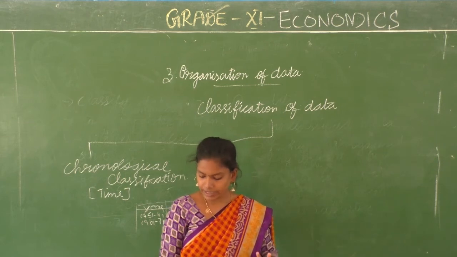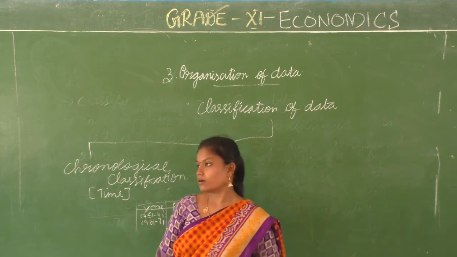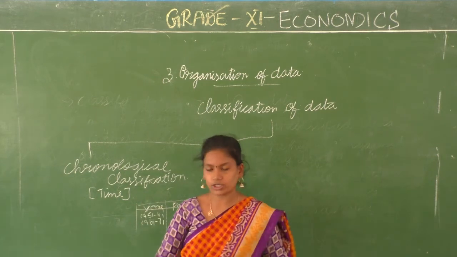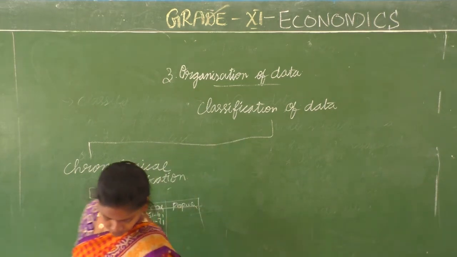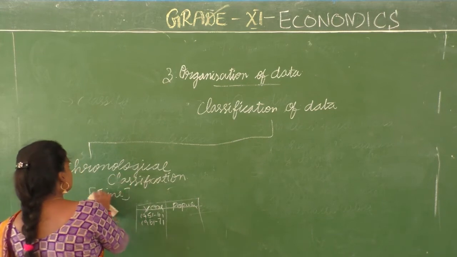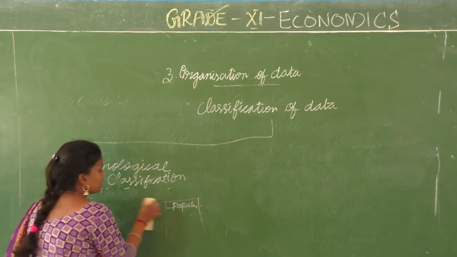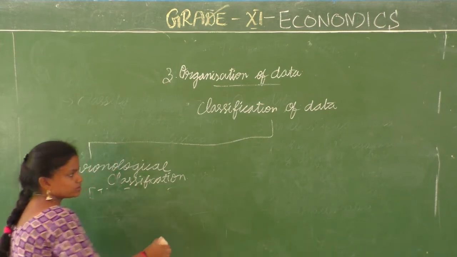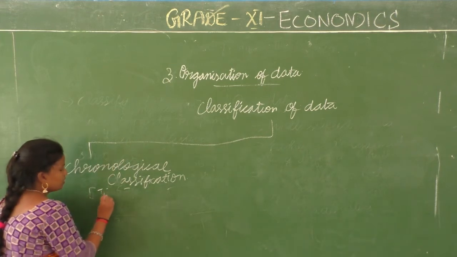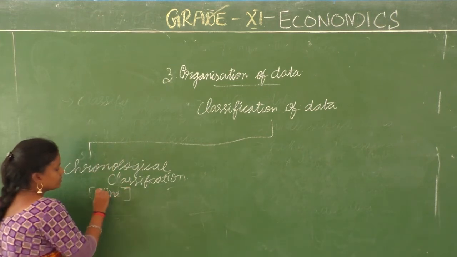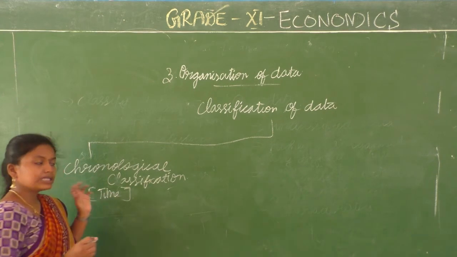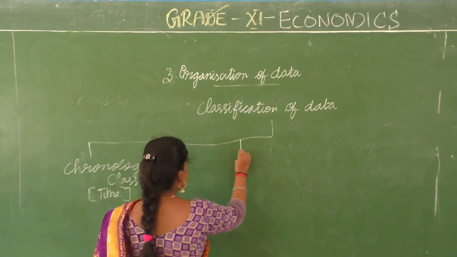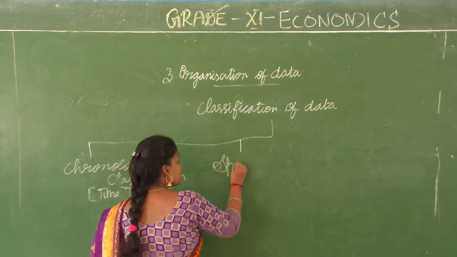They are giving you a simple example about population. If you see, they have given you the years, and based on the years, whatever population was there is presented.